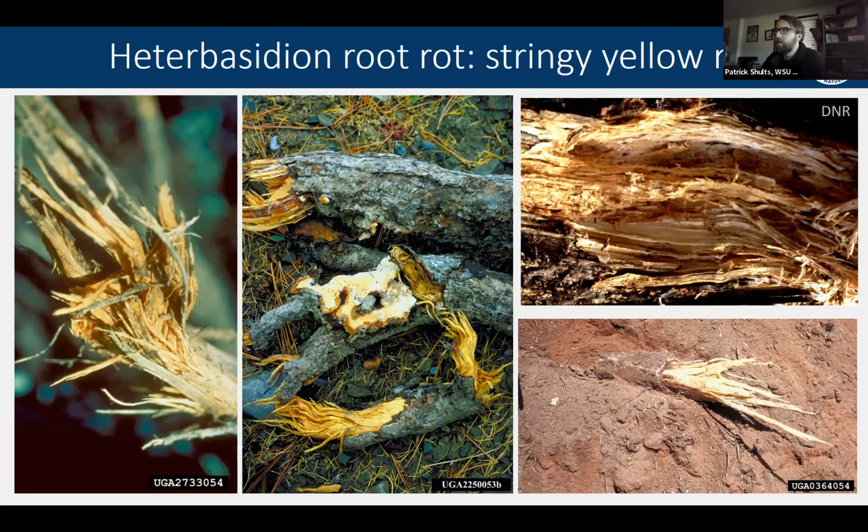Okay, this is an interesting question, and I hope I'm understanding it. Are all of the species of root rot discussed today causing increased tree mortality on the west side now, or has this level of mortality always been true for all the species of fungi discussed today? I'll answer this in two parts, and hopefully one part is what they're asking.